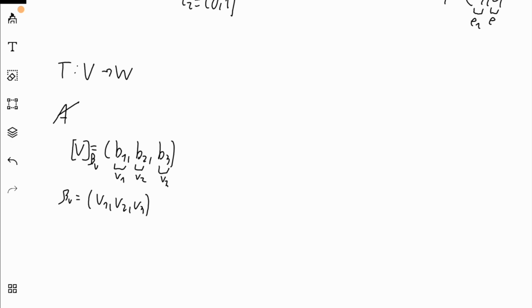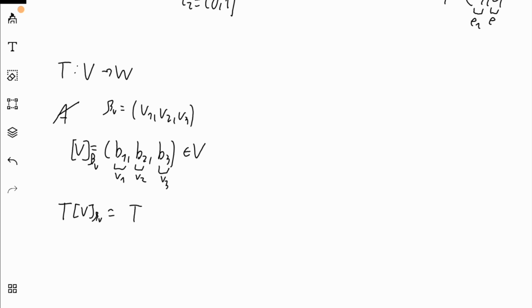Now let's try to apply this linear transformation to this vector. So T of, I'm just going to keep the whole notation of B_V. Usually this is already implied through context, and you never really write a box around V. But let's say we apply this linear transformation to this vector. Well, this will be T of this vector (b1, b2, b3).